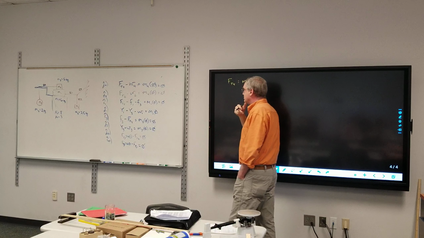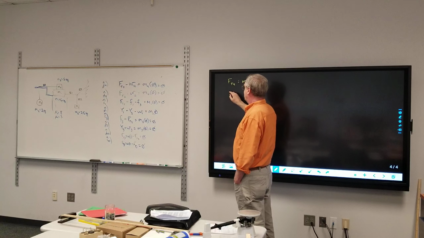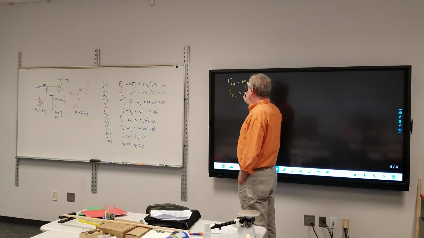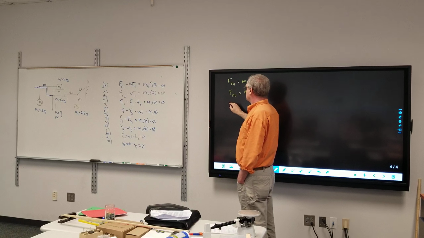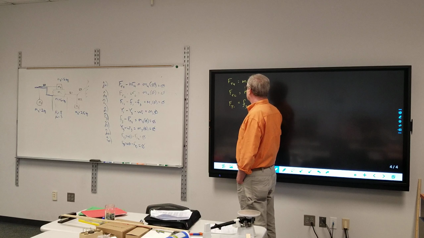Then J hat 2 is FT2 equals M2 times little g, and then I hat 1 is FT1 equals friction 3 plus friction 1.